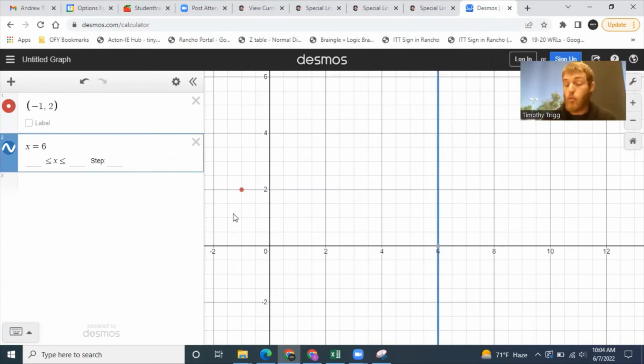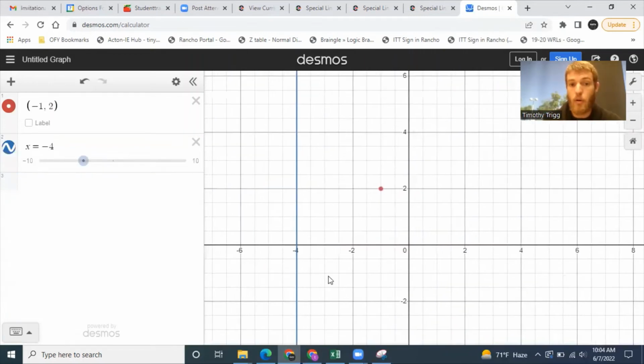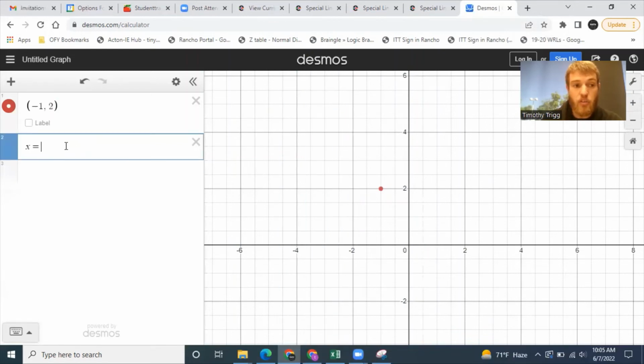And x equals whatever you want is how you create vertical lines at various locations. So x equals 1. You can see it's a vertical line going through x equals 1. x equals -4 is a vertical line going through -4 there. All right. And I can move that along according to this slider here. Okay. x equals 0 is the same as the y-axis.